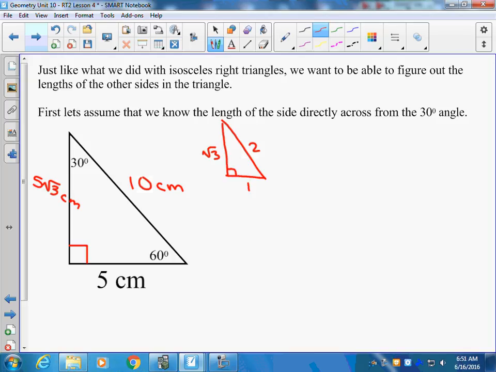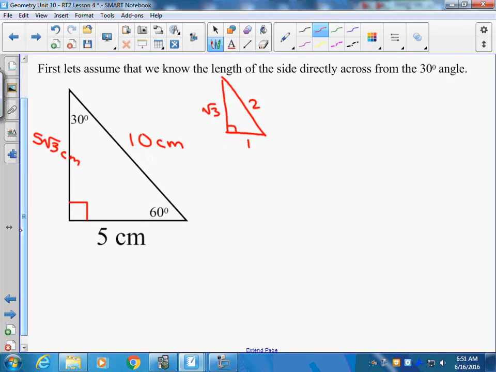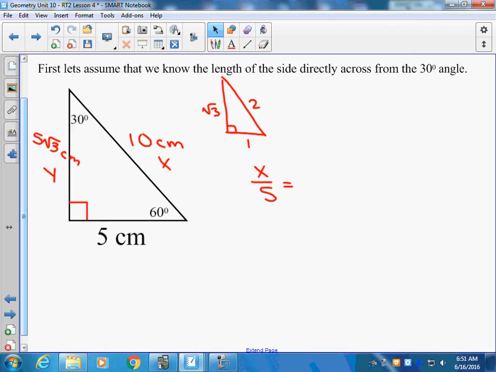But now, if I'm wanting to find these other pieces, I'm going to call this x and I'm going to call this y. What we want to do is set up equal proportions. So from my triangle, x over 5 is the ratio of the hypotenuse to the short leg. Now if I go to the reference triangle, I can build the same ratio based on the hypotenuse and short leg values.